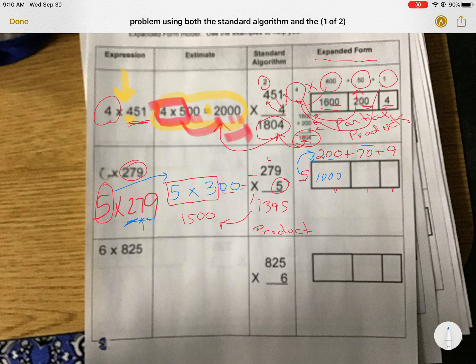Now I have 5 times 70. We can start by doing 5 times 7, it's 35. And then I have 1 zero, so 5 times 70 is really 350. And the last one, in the ones, I've got that single digit. 5 times 9 is 45. So these are my partial products.